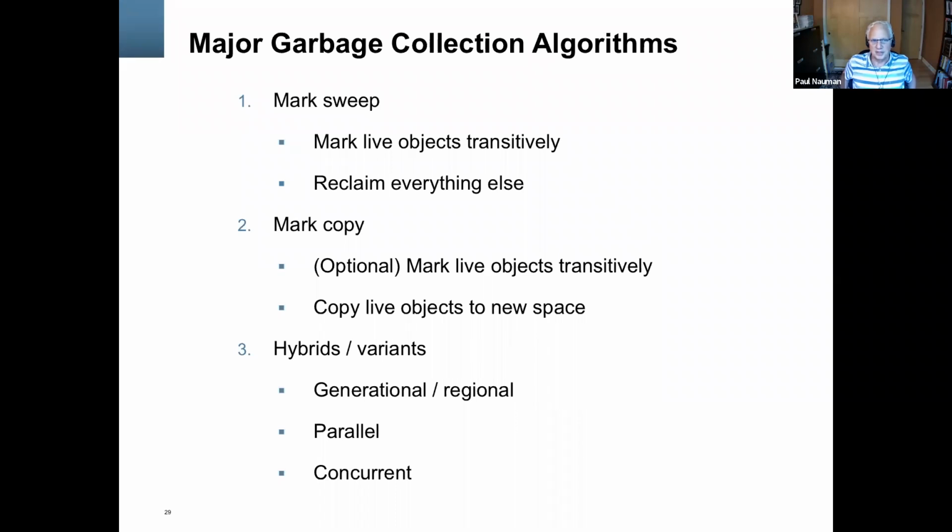Mark copy is similar in one respect, but different, in that the first operation is the same. We go through and we mark the objects that are live on the heap, and then instead of gathering up free space, we actually copy all of those live objects to a new space, and when we copy them, we can copy them back to back.